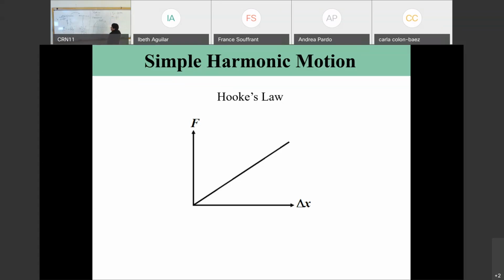All right? And we can write this omega for this mass spring system like this: 2 pi square root of m over k. That's where your constant of the spring and the mass comes into play.